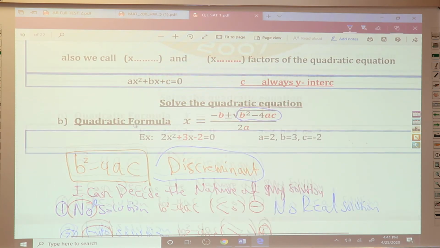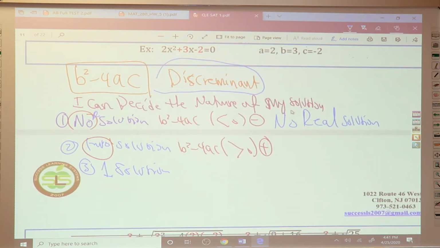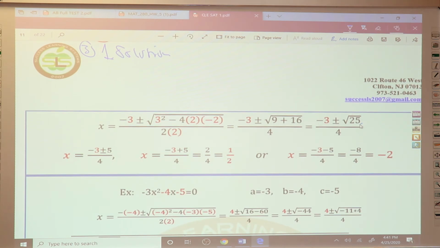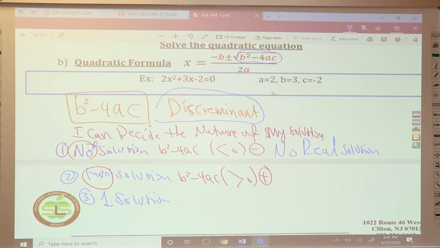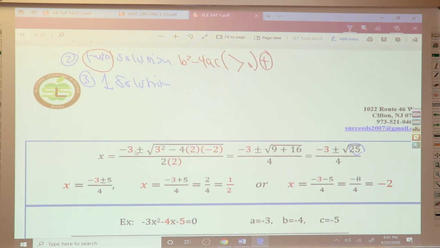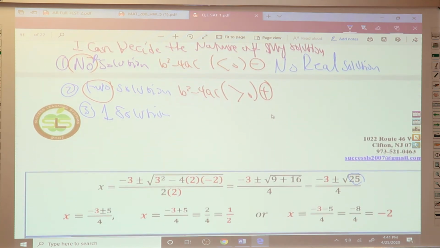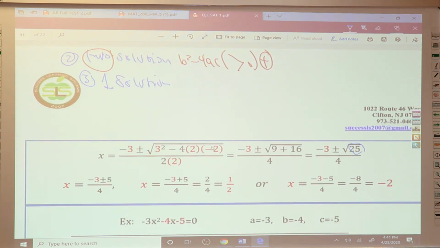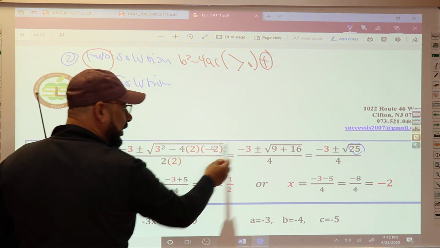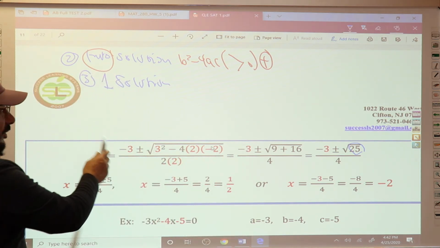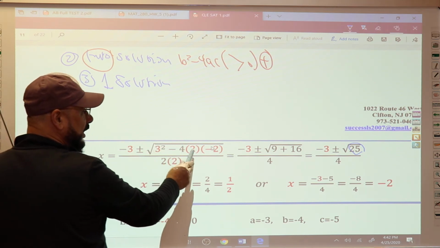Okay. In this problem, a is 2, b is 3, c is negative 2. Look, what's my discriminant? 25. We plug the numbers in: negative 3 plus or minus the square root of 3 squared minus 4 times 2 times negative 2.